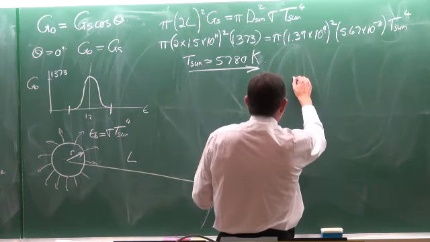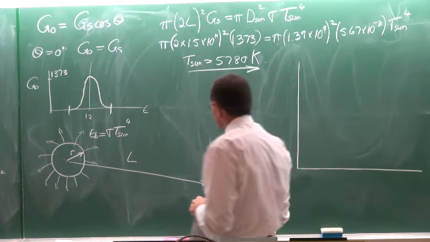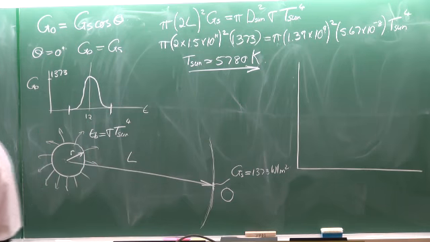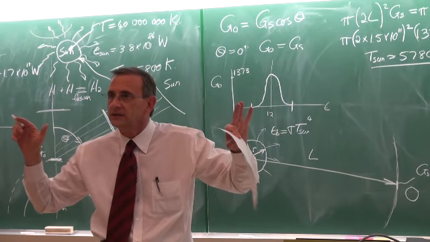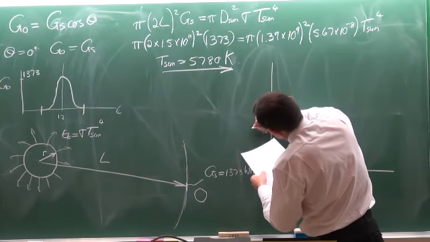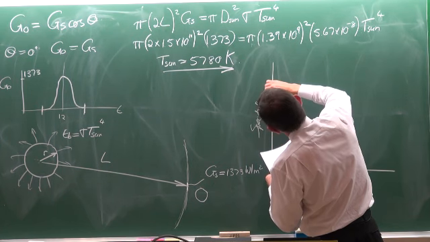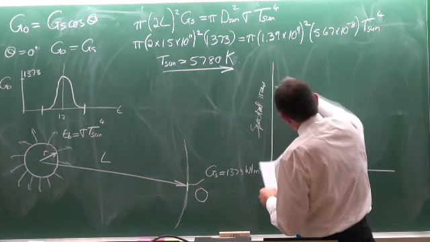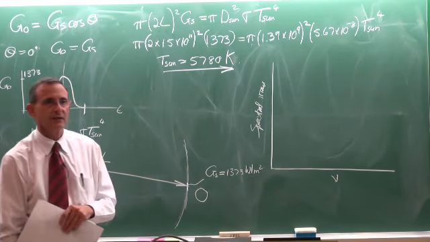Okay. Now if we would go and take measurements outside the atmosphere and inside the atmosphere, we would like to see how these measurements look, isn't it? Now, we have to remember that the spectral irradiation is a function of the wavelength.